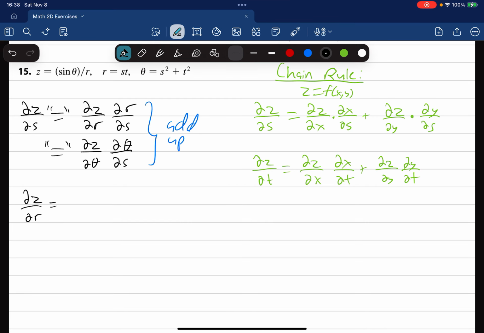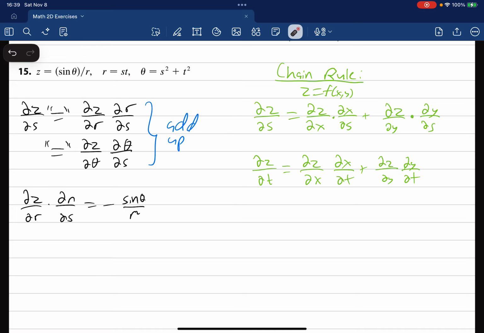So this will be, just doing some mental math, negative sine theta over r squared, times partial r with respect to s. Again, I already computed that first derivative to just be negative sine theta over r squared. And then partial r with respect to s is just going to be t.